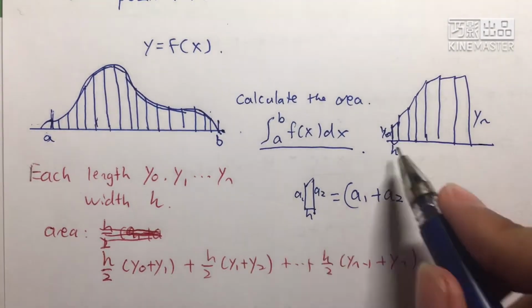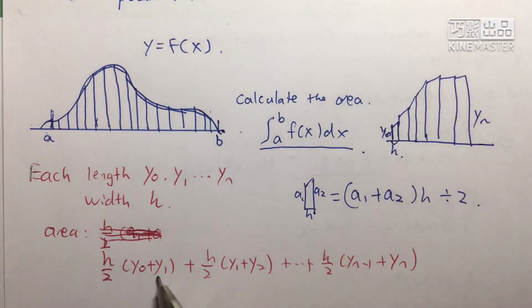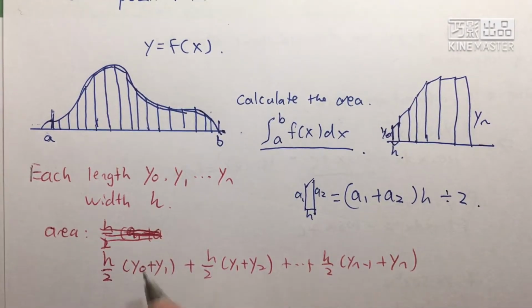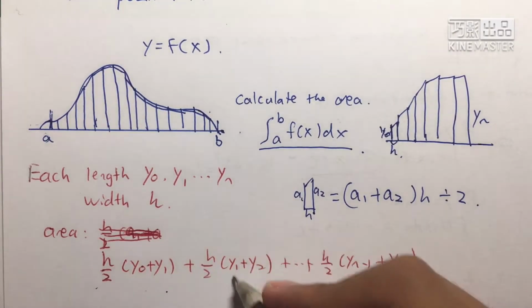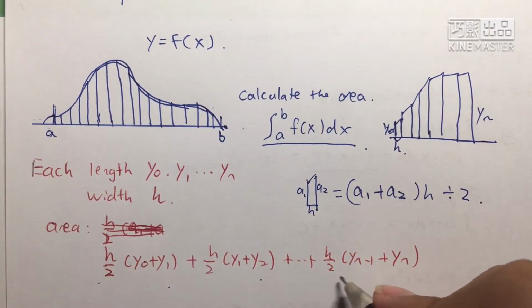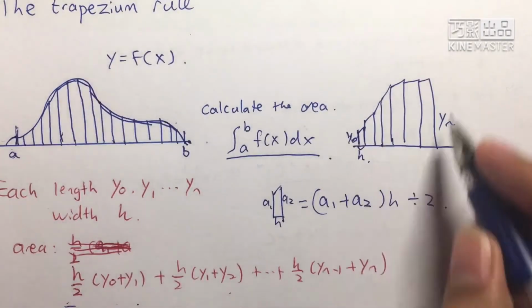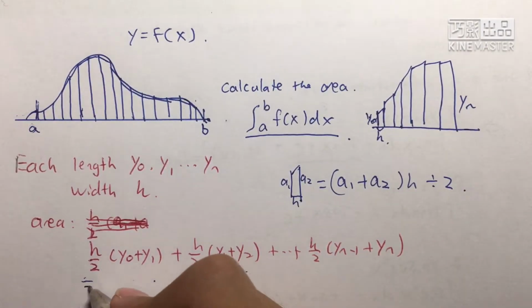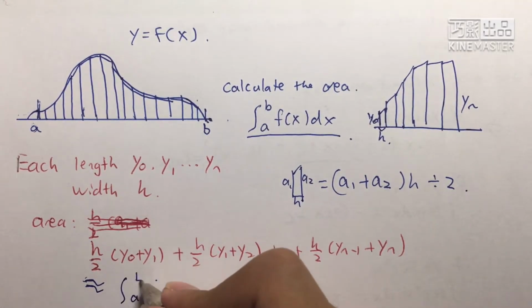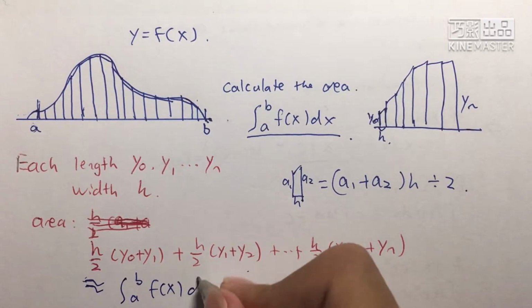So it will be (y0 plus y1) times h over 2, this is the area of one trapezium, and this is the other, and so on to the end. That is the whole area of all of those trapeziums, so we can estimate that this is equal to the integral from a to b of f(x) dx.